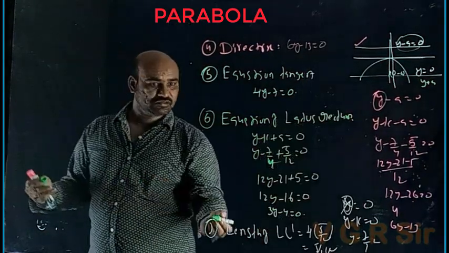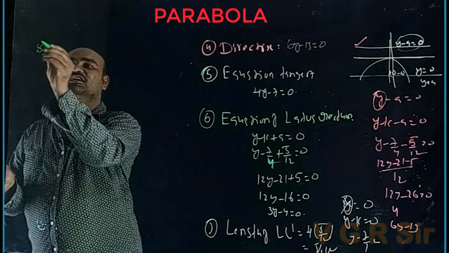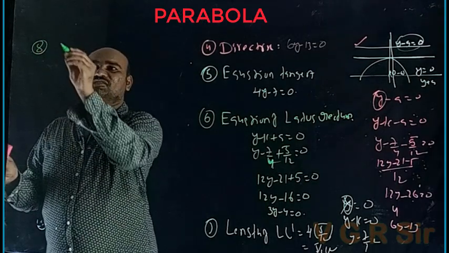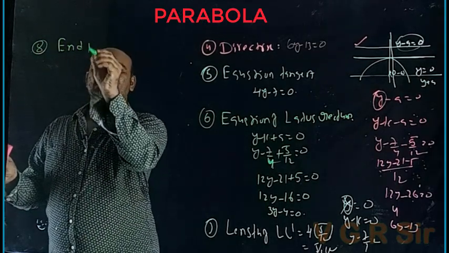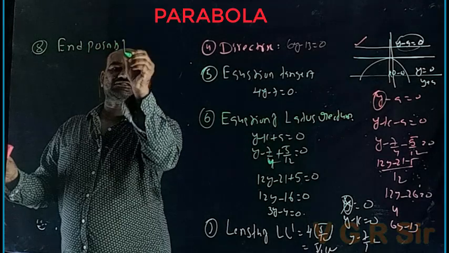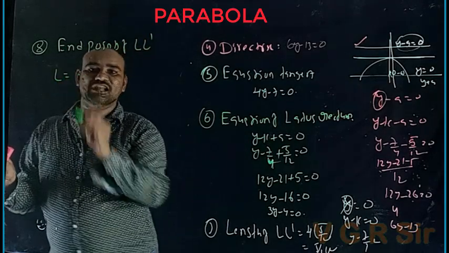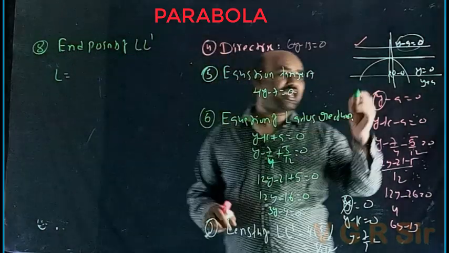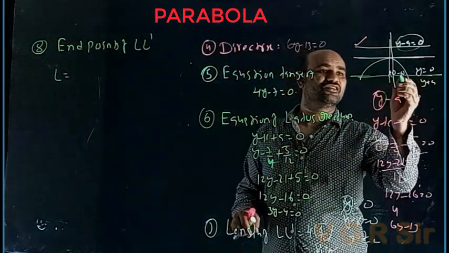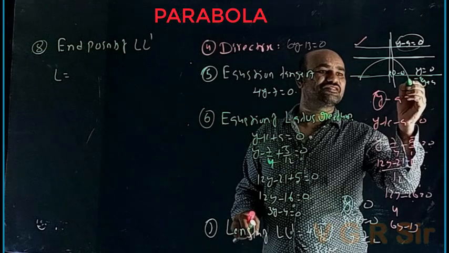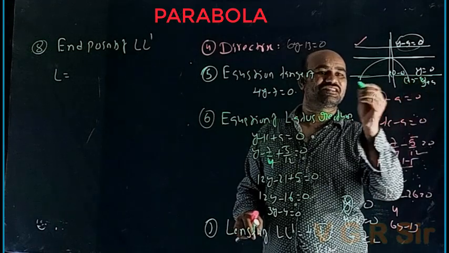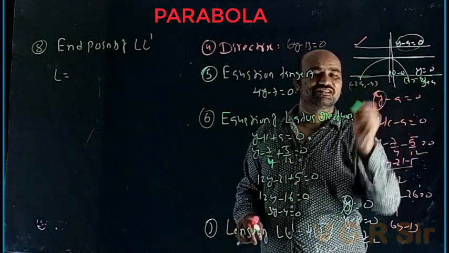Okay, students, this is the 7th one. 8th one, endpoints of latus rectum, L dash and L. Actual L I will write first. Actual L, so this is minus something, no? That is 2a comma minus a and minus 2a comma minus a.